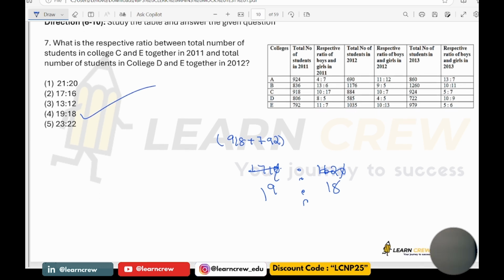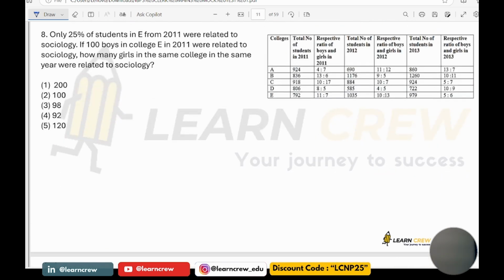Next, only 25% of students from E in 2011 were related to sociology. If 100 boys in college E in 2011 were related to sociology, how many girls in the same college in the same year were related to sociology?